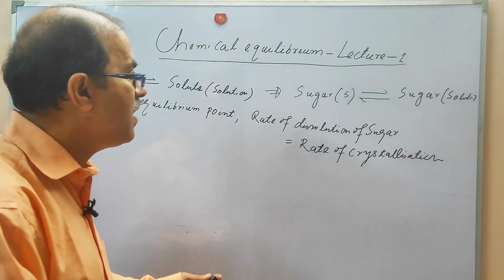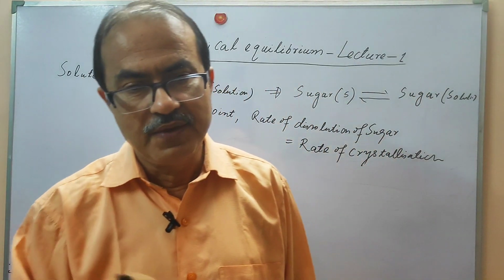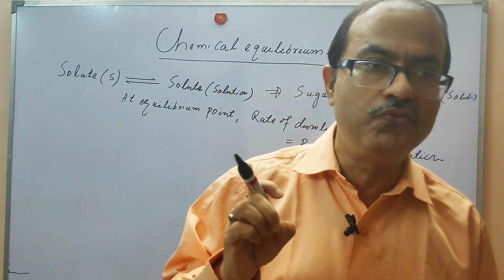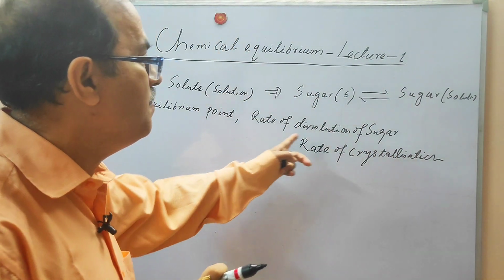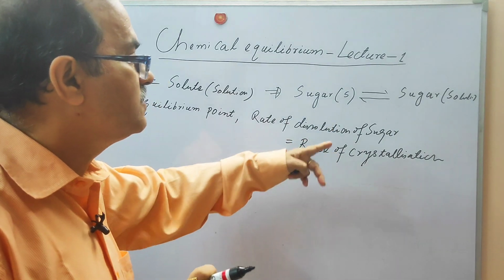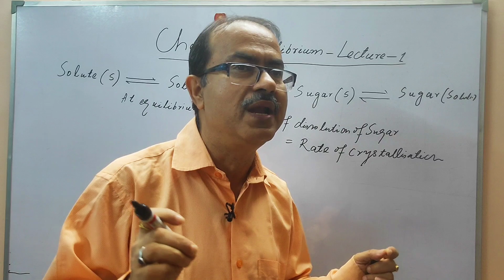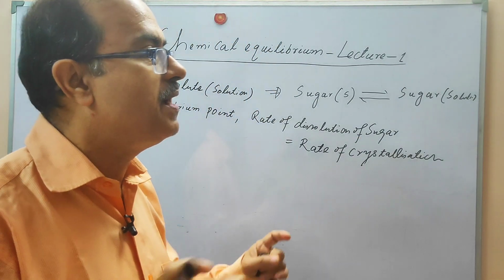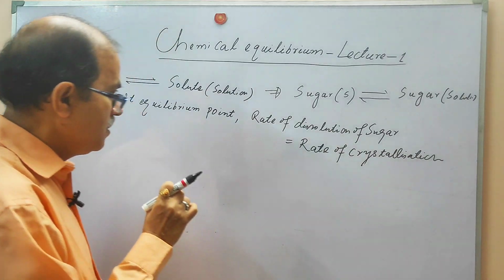That is why, when we add sugar, after some time the solution does not take any more sugar, because the rate of dissolution and the rate of crystallization become equal. At that time you will not find further sugar taken up by the solution.